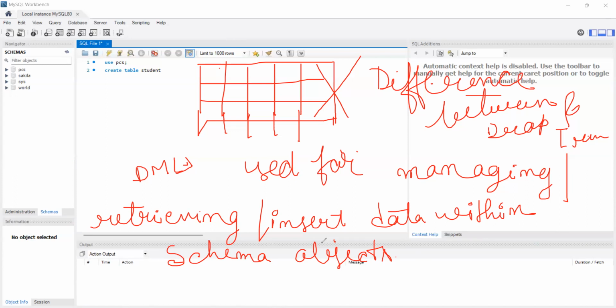But for the DML, it is used for managing, retrieving, insert data within schema objects. So what are the command lines for this?